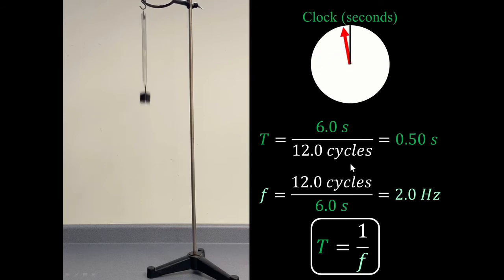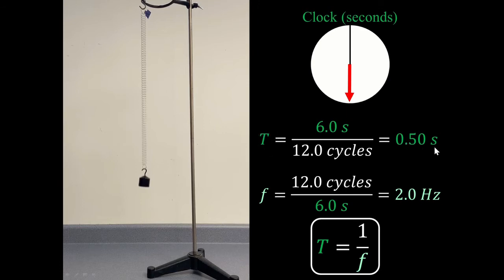So if we start our timer here, 1, 2, 3, 4, 5, 6, and it looked like that was going 2 times every second. So in 6 seconds, it made 12 cycles. So you divide those two out and find that the period was just half of a second.